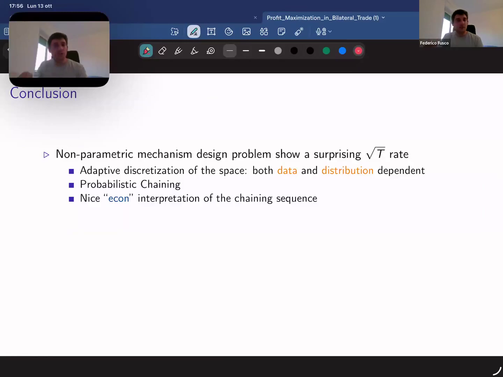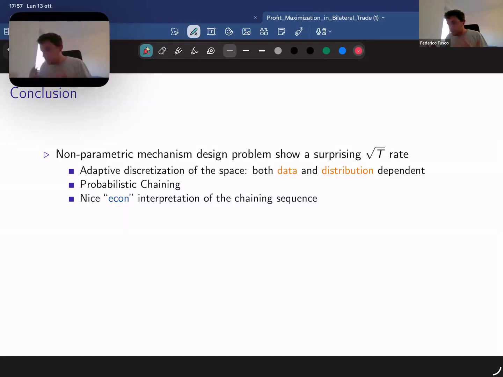And this is achieved by doing probabilistic chaining combined with this discretization of the space that depends both on the data that I see and the distribution. Because clearly the distribution is the one that decides what are the chains that violate the simplifying assumption.